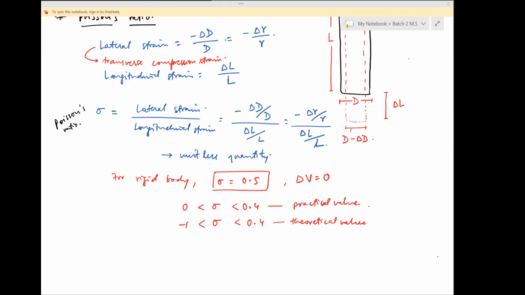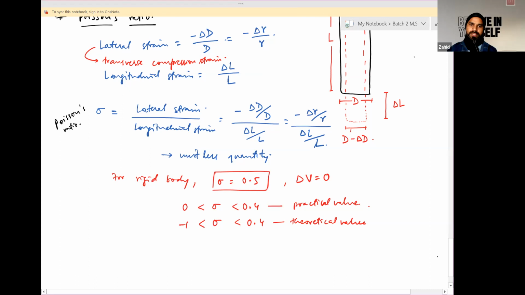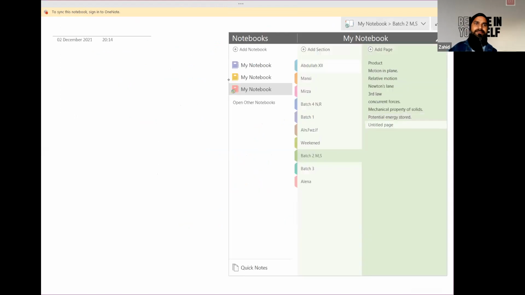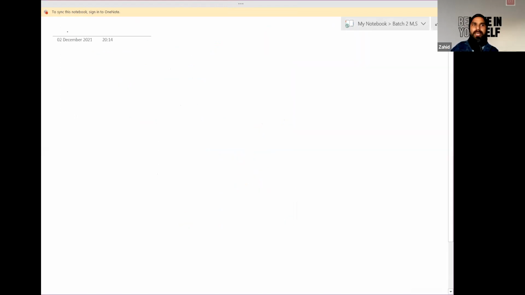Yes, sir. So this is all about this chapter, that is mechanical properties of solids. Now let's start a new chapter, that is mechanical properties of fluids. First, what do you mean by fluid?